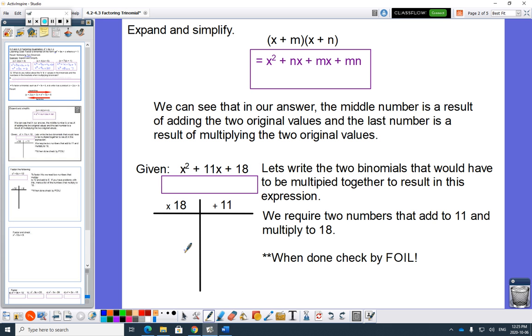Okay, so if you are into general formulas, this would be like if there were no numbers, so you do first, outside, n times x, inside, m times x, and then last, mn.